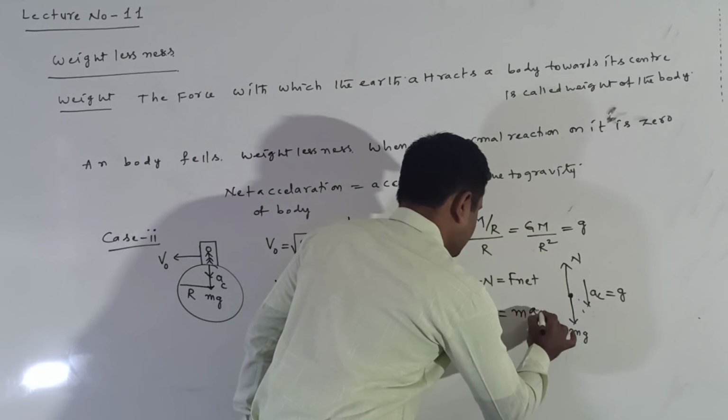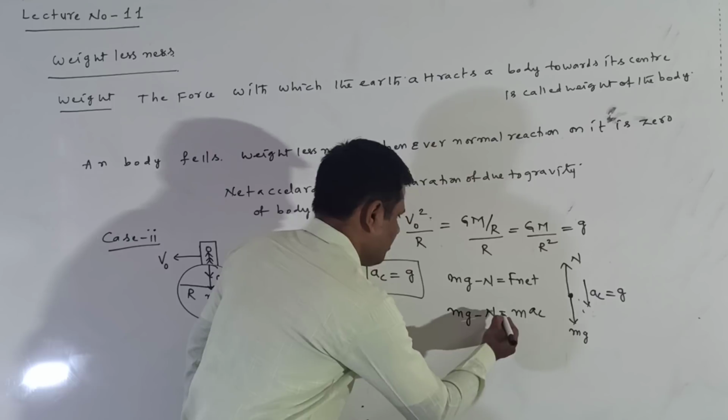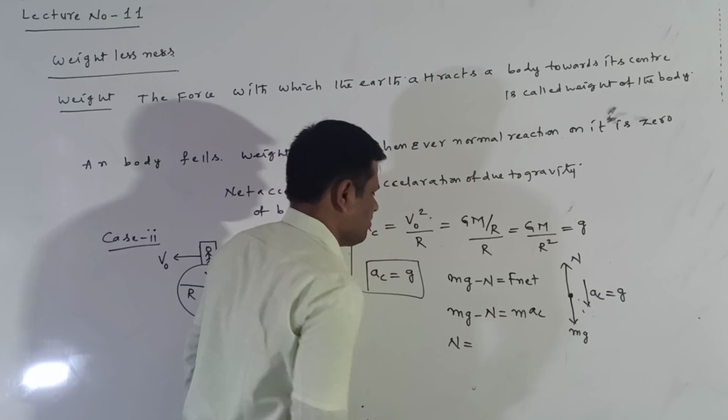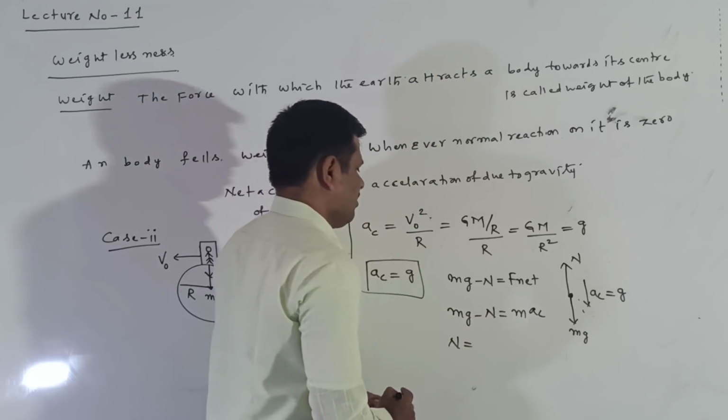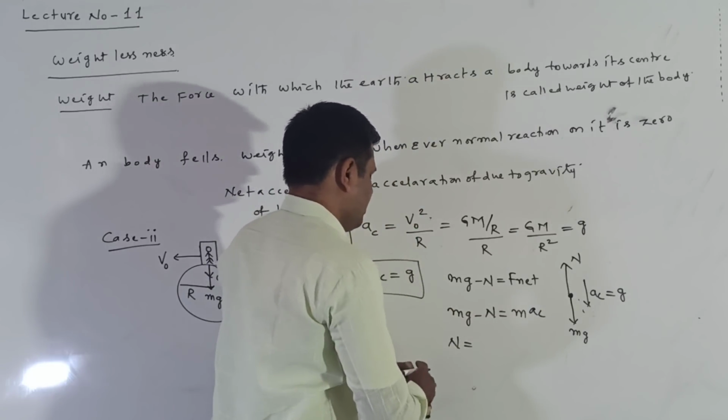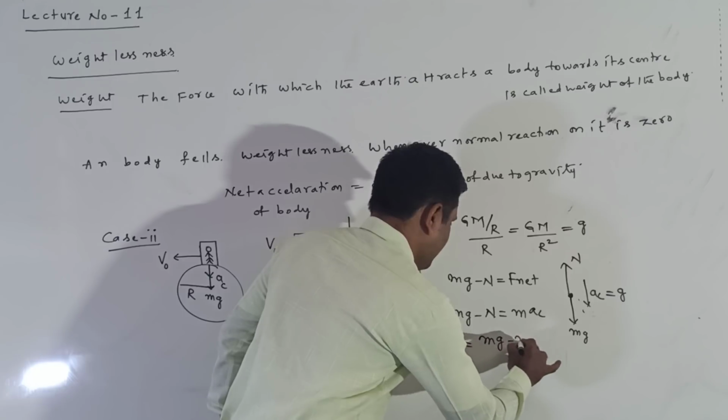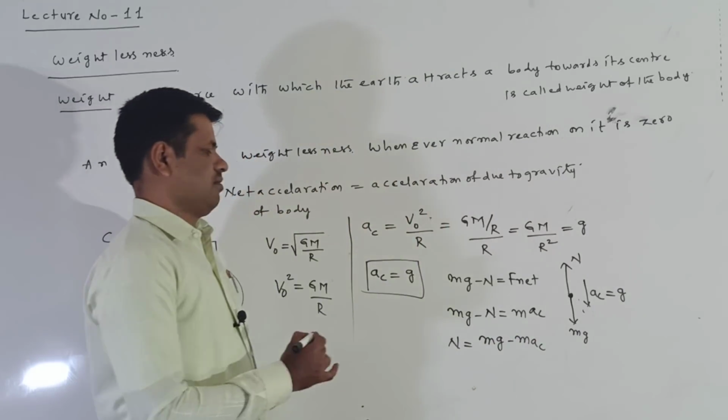From this I want to find the normal reaction: N equals mg minus m AC.